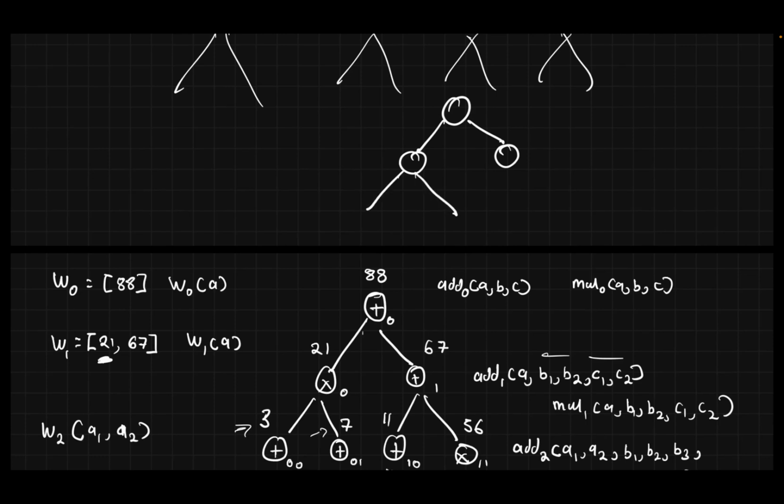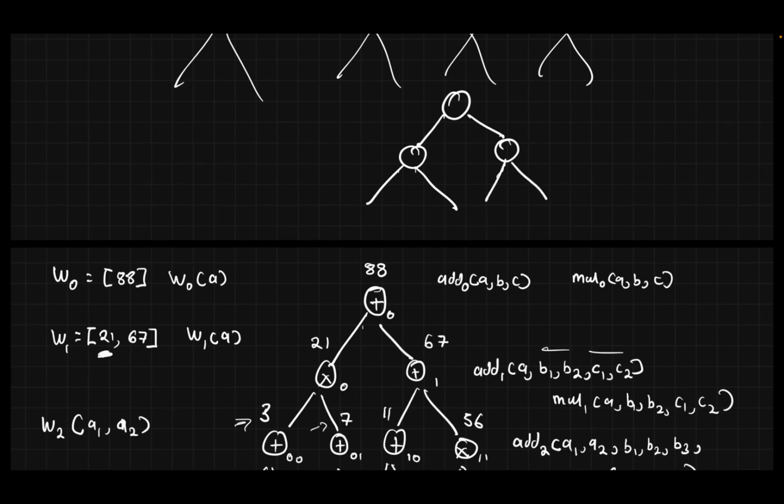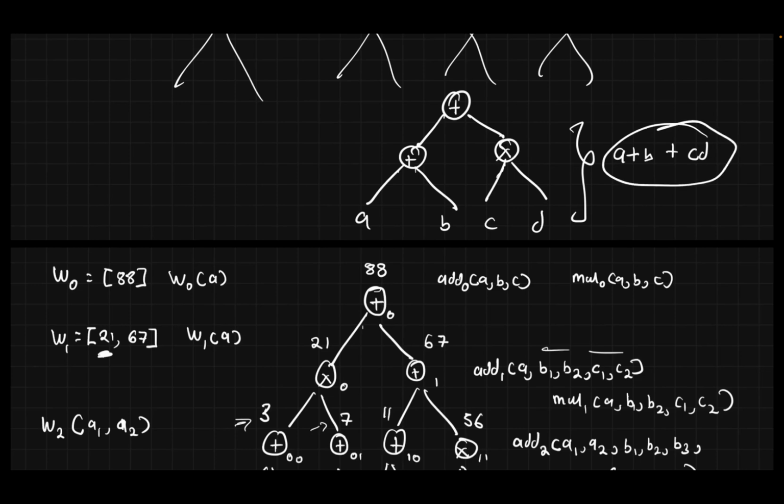The power of add and multiply is not yet something you guys are harnessing to the highest potential. But imagine we had this and this, and then you had this, okay? So let's say you had A here, B here, C here, D here. What does this represent? This is A plus B, plus C, D, right? You can do this in just one gate.